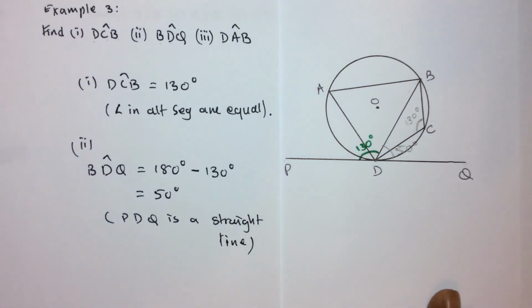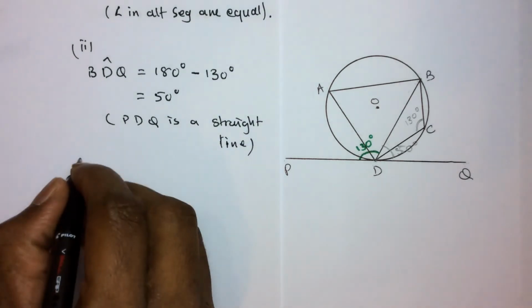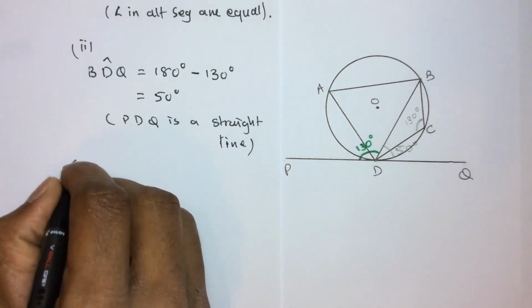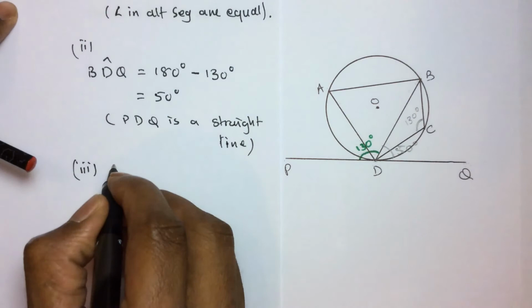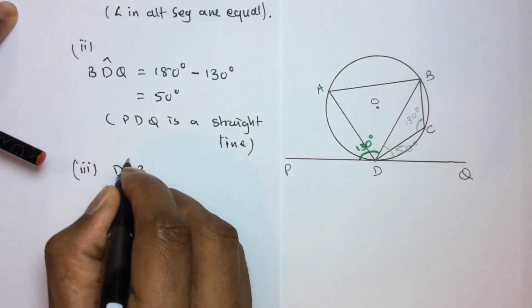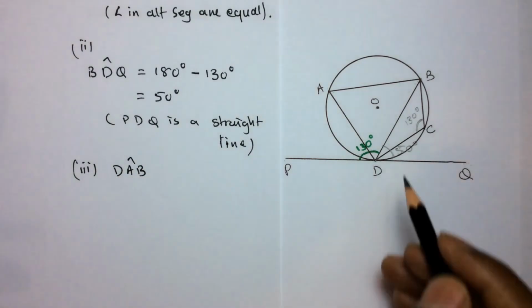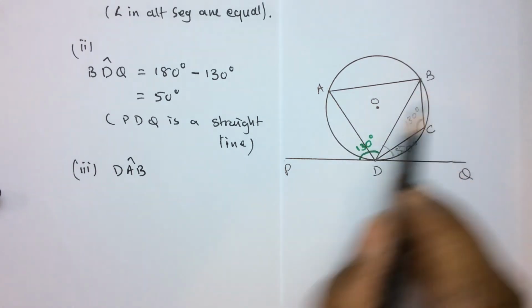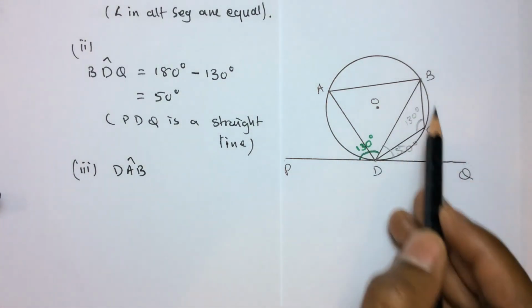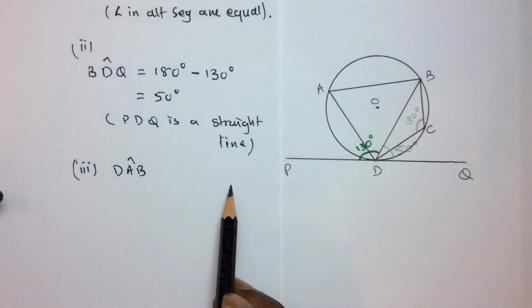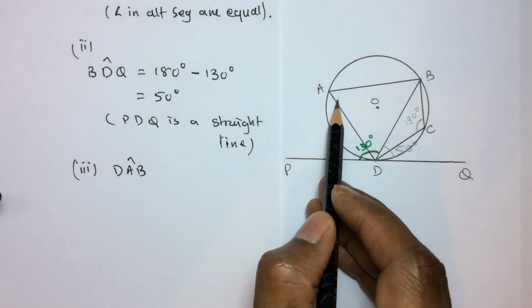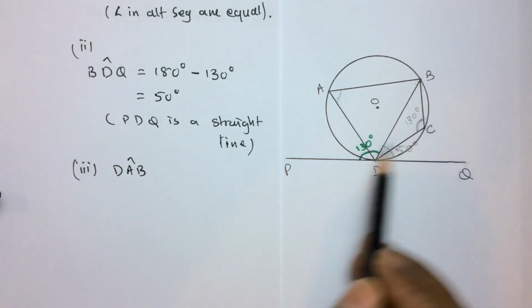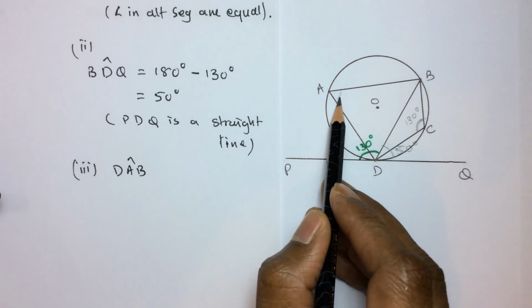Now, the third part, we need to find DAB. ABCD is a cyclic quadrilateral, and angle A is opposite to angle C. So angle A plus angle C is equal to 180.